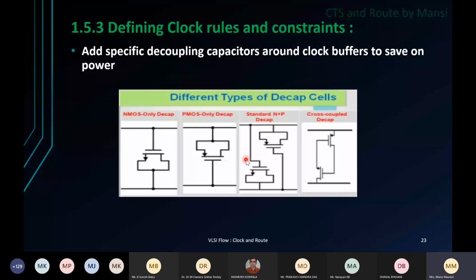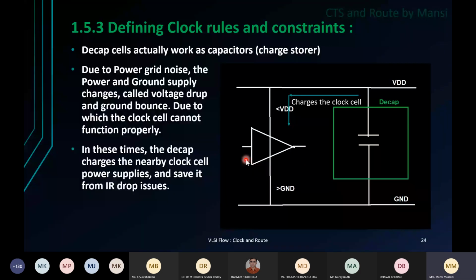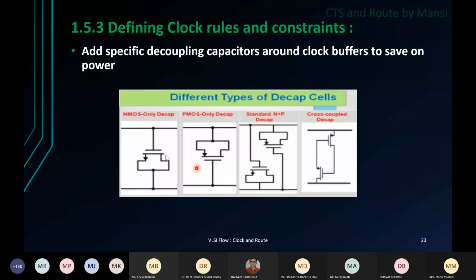So how does it help to save on power? We are just putting it beside the clock buffer. Let's say this is the clock buffer, and I'm putting that decap cell next to it. A decap cell is nothing but a charged capacitor. There are different types of it, but which type you want to use in your design is decided during library characterization.